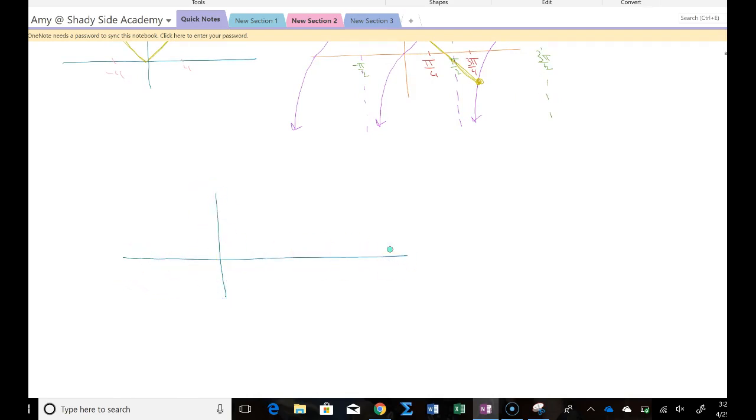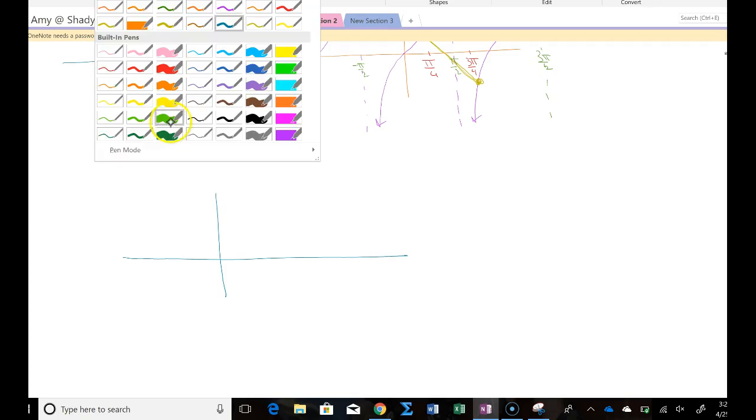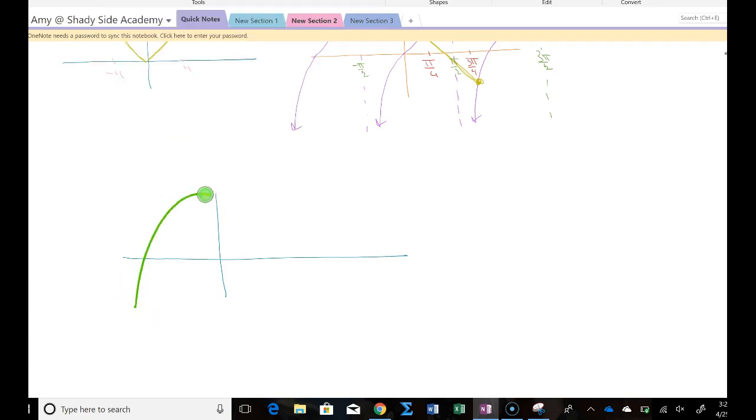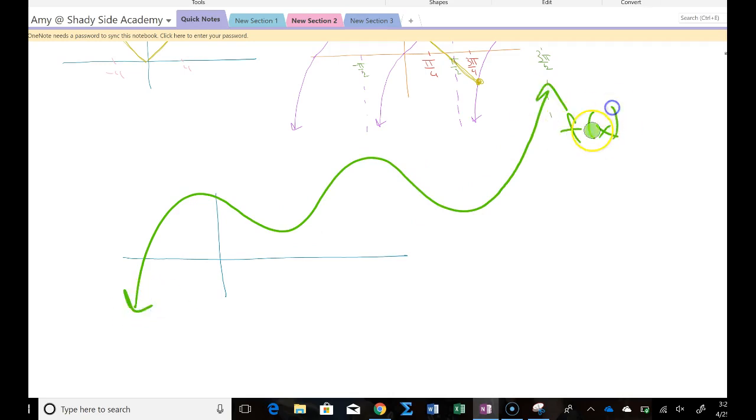Maybe I have a function that looks like this. This is my function f of x, and let's say I want to look at the interval from a to b.